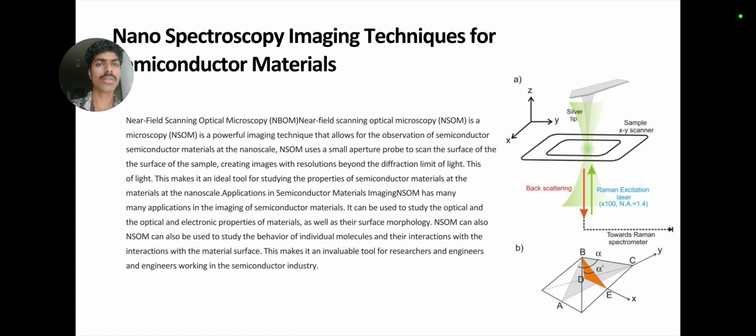It can be used to study the optical and electronic properties of materials as well as their surface morphology, and NSOM can also be used to study the behavior of individual molecules and their interactions with the material surface.